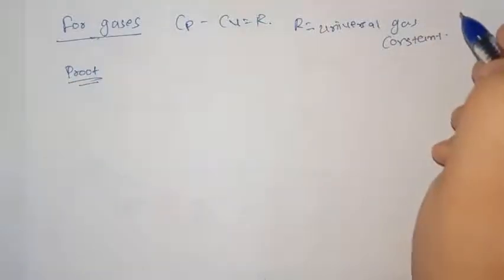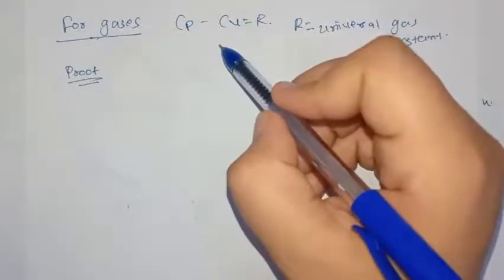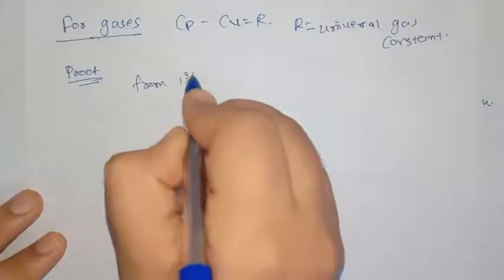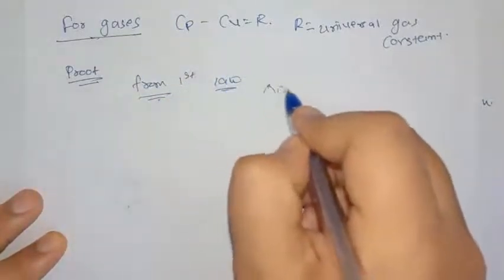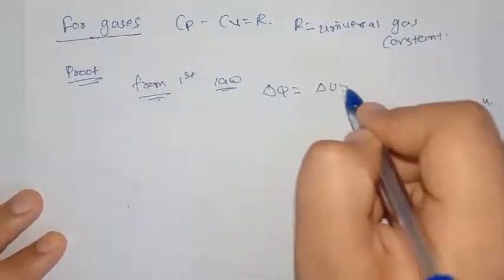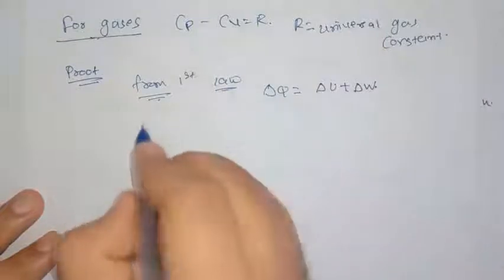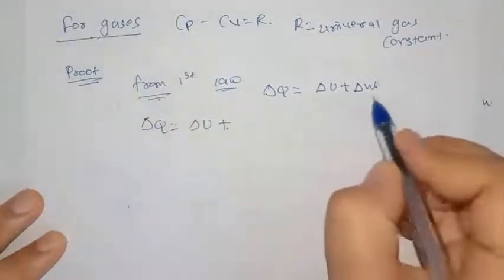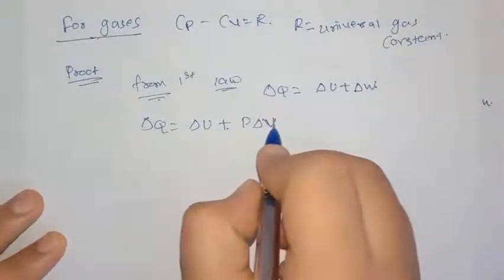So let us prove how we can write Cp minus Cv is equal to R. From the first law of thermodynamics, we can write delta Q is equal to delta U plus delta W. So delta Q will be equal to delta U plus work done, which can be written as P delta V.